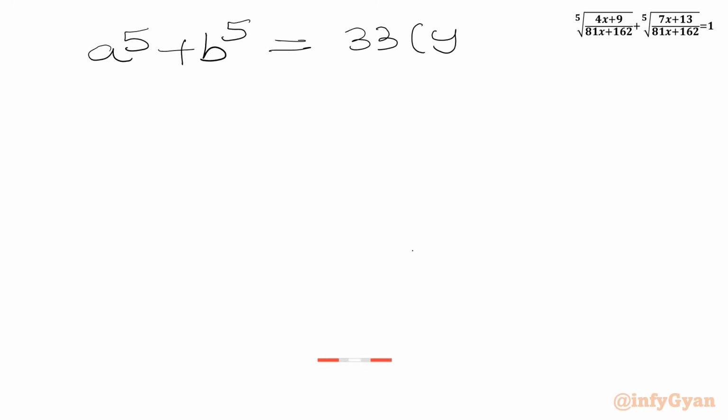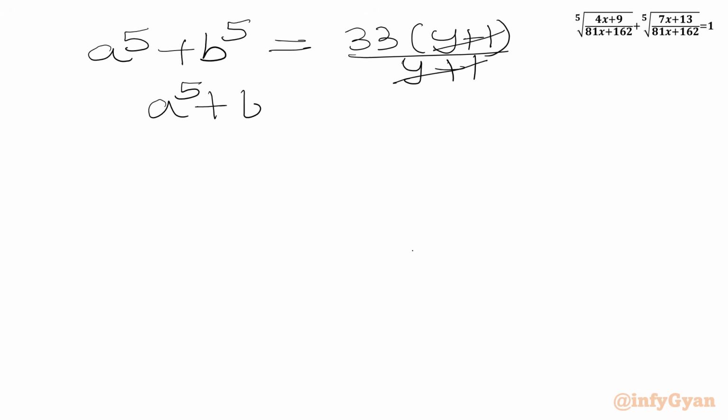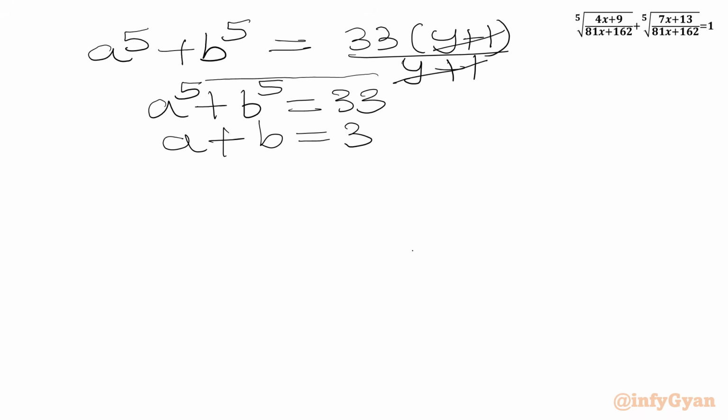So a power 5 plus b power 5 will be equal to 33 times y plus 1 over y plus 1, which will give us a power 5 plus b power 5 equal to 33. And our first equation was a plus b equal to 3. Now we have one system of equations in a and b.